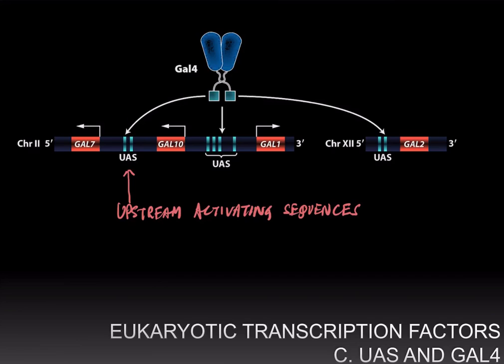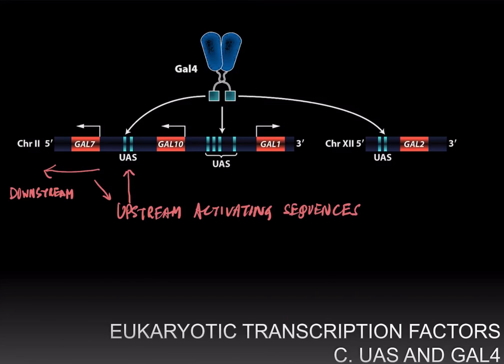So for example, GAL7 is being transcribed right to left, and this is downstream, so in the direction of transcription, and this is upstream. And upstream of the transcription start site lie these DNA sequences called upstream activating sequences, UAS, that bind a transcription factor, a protein called GAL4.